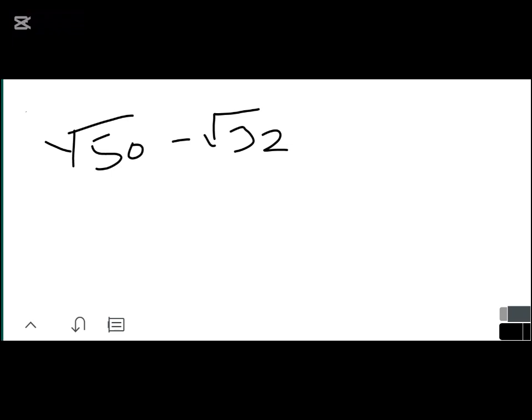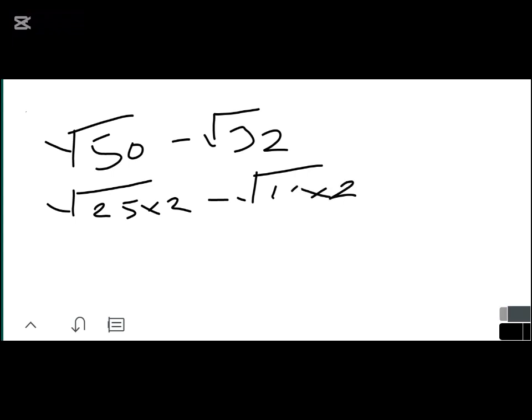So you think about two numbers which, when you multiply, you get 50. So with the 50, you have 25 times 2, minus, with the 32, you have 16 times 2.